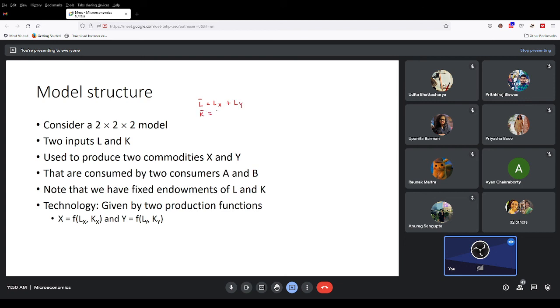So if I am increasing Lx, Ly has to fall. If I increase Ly, Lx has to fall. In case of X, X is also distributed between the two consumers. Suppose I want to increase this. Will Xa have to fall?